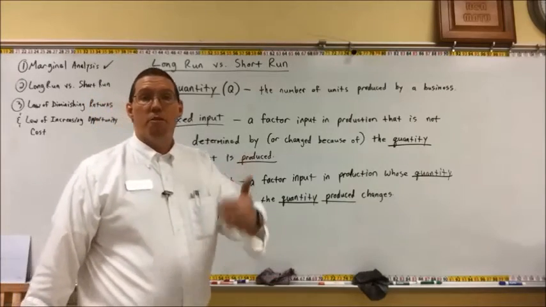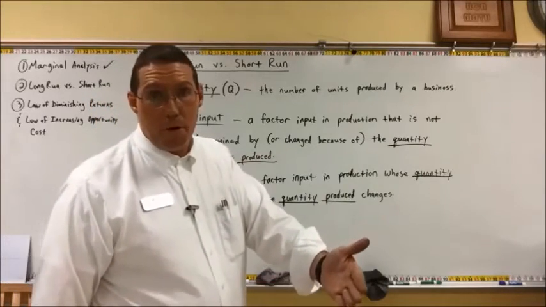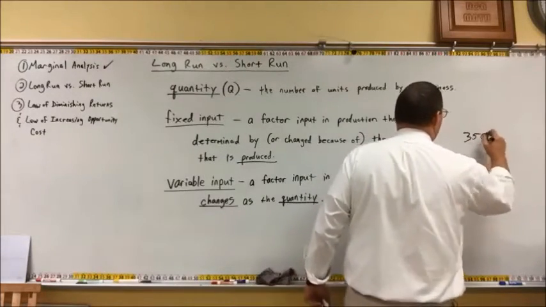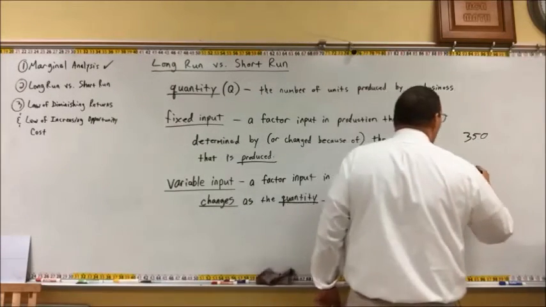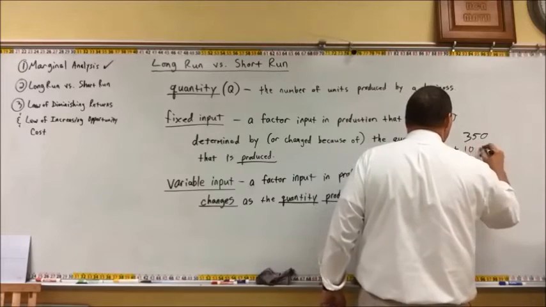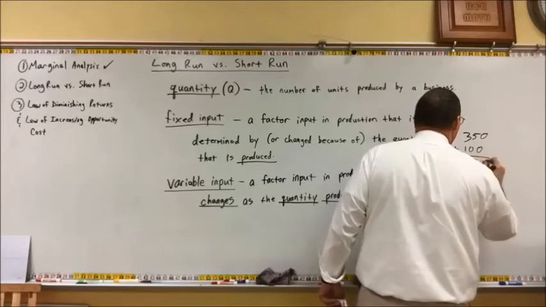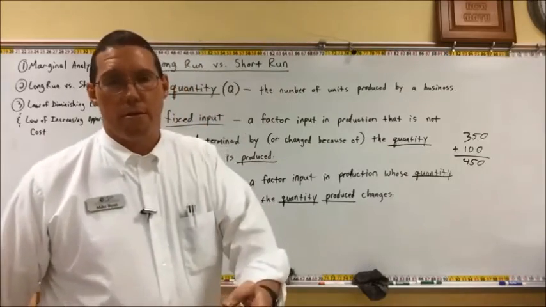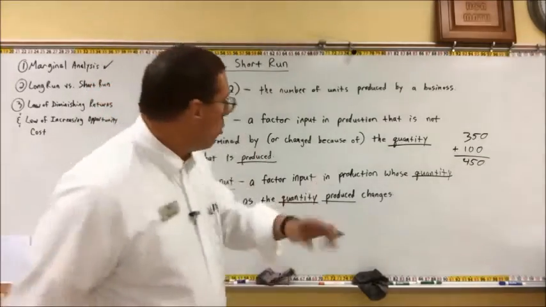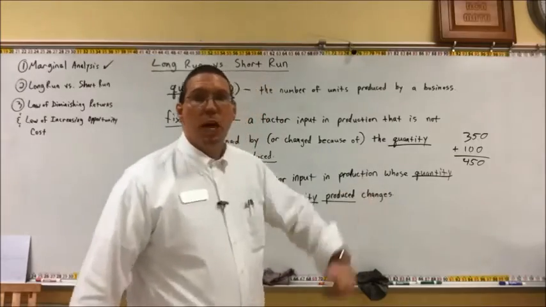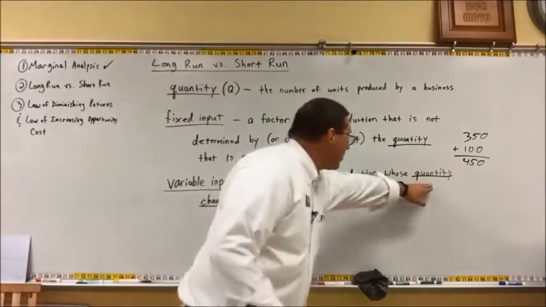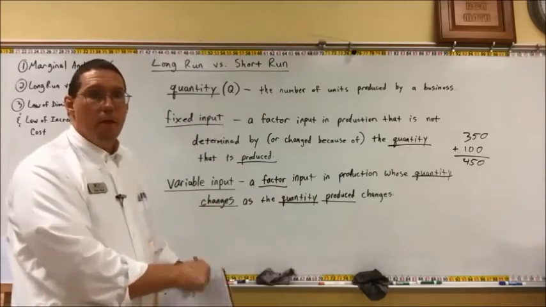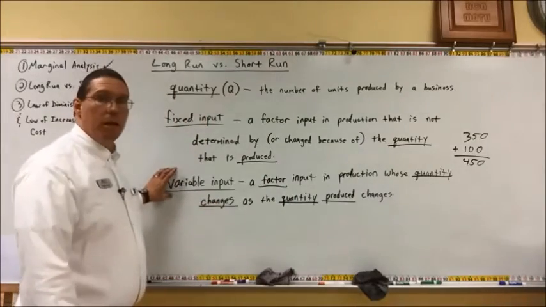If we go from 7 up to 9 pepperoni pizzas, they needed 350 slices, and now they need 100 more. They need 450 slices of pepperoni because they're going to make 2 more pizzas. So as the quantity produced changes, the quantity of factors changes. Those are called variable inputs.